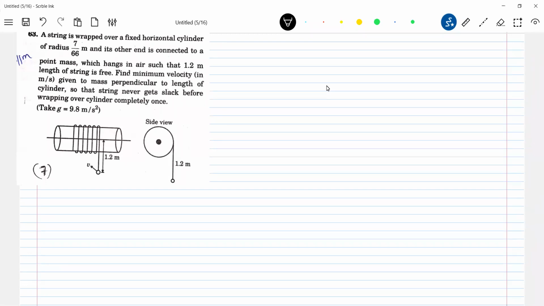Come to this next question. A string is wrapped over, this is the cylinder. Read the question once.